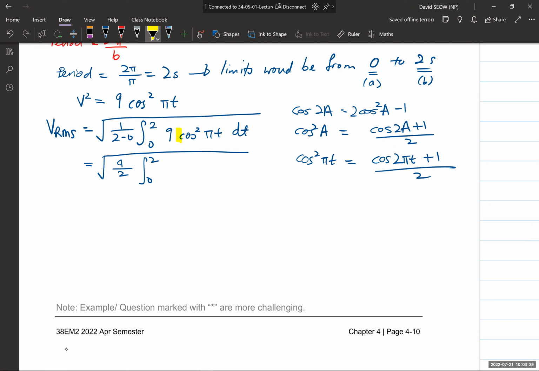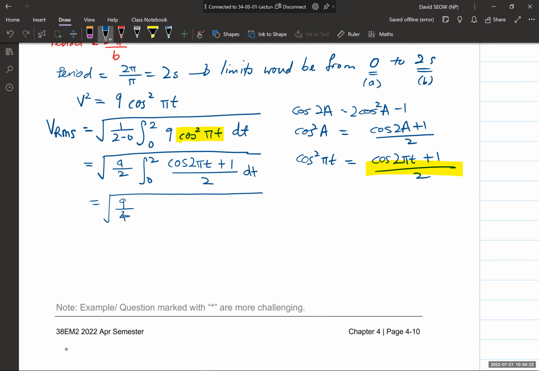Cos square pi t, I will replace with cos 2 pi t plus 1 over 2. Then I can pull out the 2, so it becomes 9 over 4.